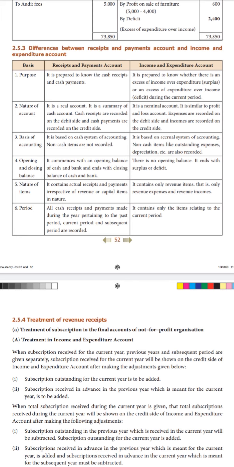Okay, but in income and expenditure account, we will be entering only the amount relating to the current period, that is current accounting year. We will not take up the previous or the subsequent year accounts.